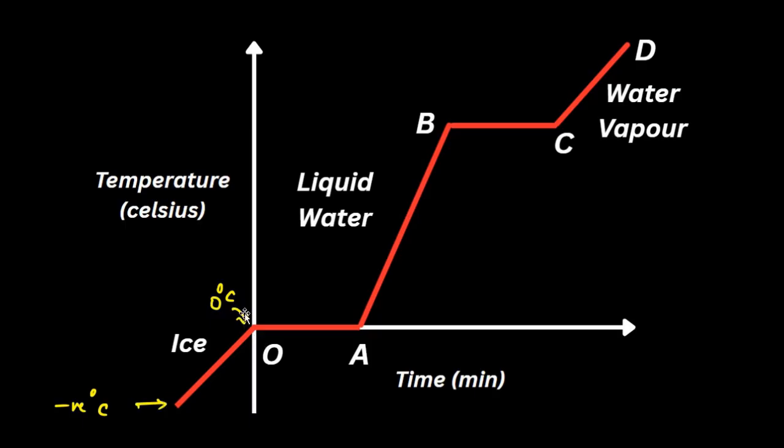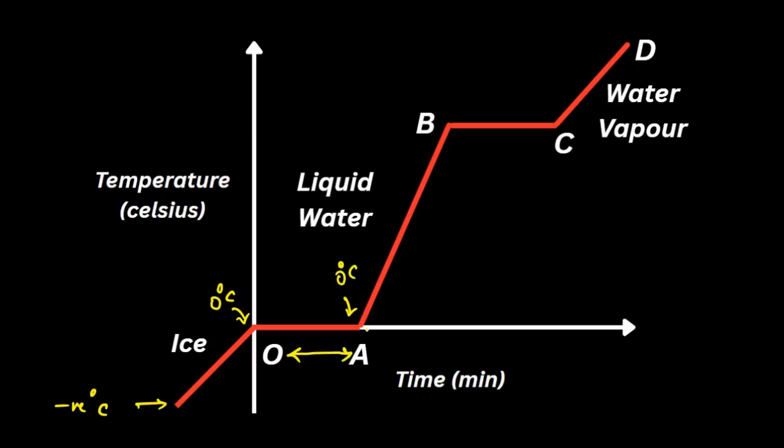Something special happens at 0 degrees Celsius. At 0 degrees Celsius, as you can see, it is being heated. The heat is being continuously supplied, but the temperature remains constant at 0 degrees Celsius, without any change for this much interval of time.